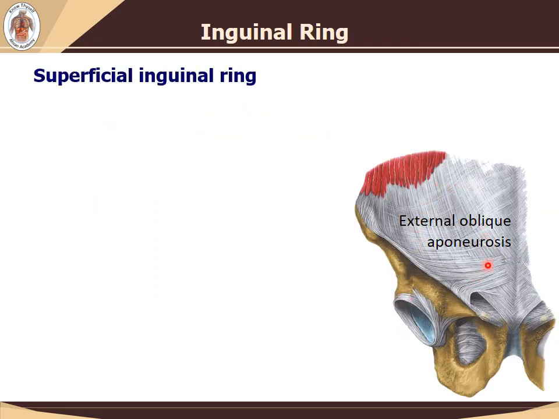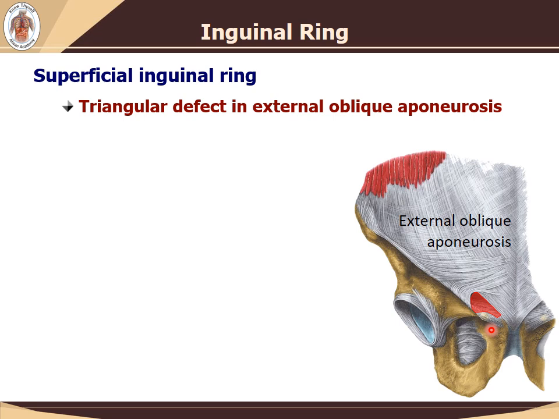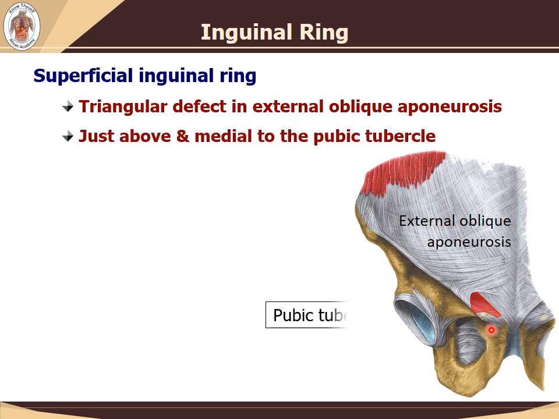This external oblique aponeurosis forms an opening which is triangular in shape. You can see the color change, and this is known as the superficial inguinal ring. You can see this is a triangular defect in the external oblique aponeurosis. It is situated just above the pubic tubercle and extending to the medial side.